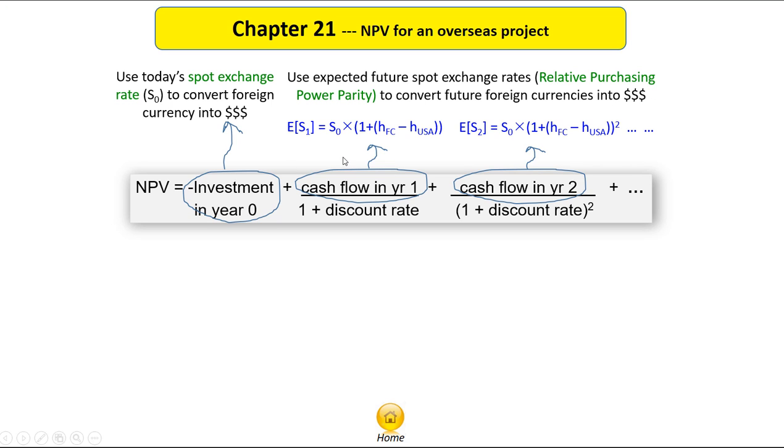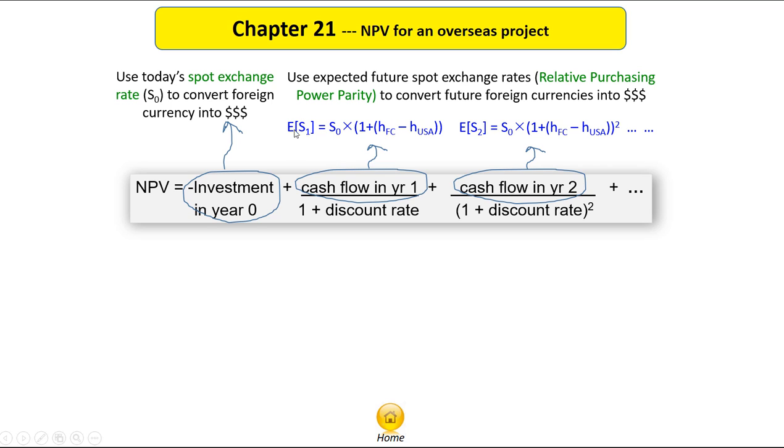The formula we learned that calculates the expected spot exchange rate for year 1, year 2, and so on equals S_0, today's spot exchange rate, which is how many units of foreign currency gives $1, multiplied by (1 plus the difference between the foreign inflation rate and the domestic inflation rate). The notation we used for the inflation rate is lowercase h.